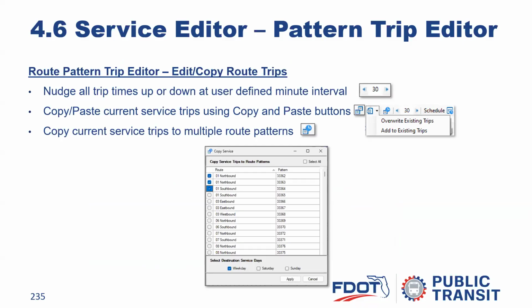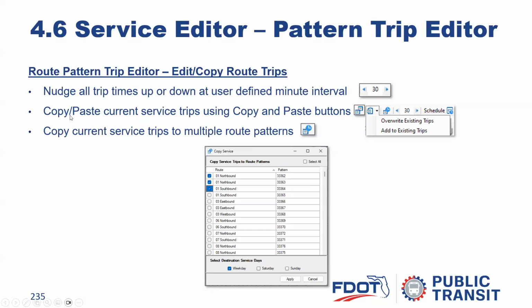So this is handy if you have a route where you have a trip start time, let's say at 8 a.m., and that same service, it might be 30-minute service all day, is the same in the opposite direction for your route, but it just starts at a different time. It might start at 8:30. So you could just copy all the trips, paste them into your opposite direction and nudge them up to 8:30, and then you have your schedule, right?